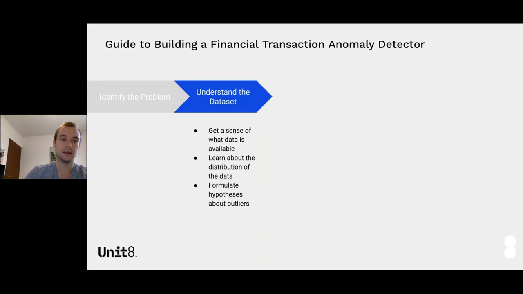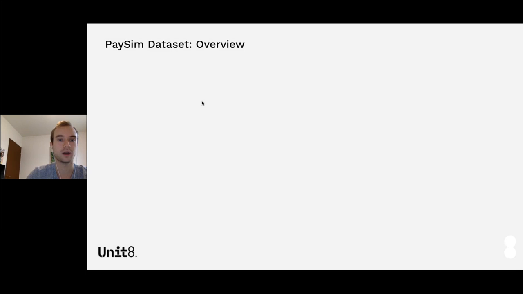So let's quickly look at the data set that we chose for the purposes of this presentation. First of all, some quick facts. This data set is not real transaction data, but it consists of a set of simulated mobile payments. It might be obvious to you why: it's hard to find real data sets that are publicly available for transaction data.